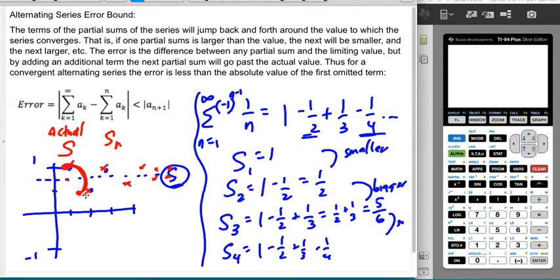So whatever amount I get here, I'm jumping across the line. This amount, this a sub n plus 1, has to be bigger than the error, which would be the distance from here to here. See how this red amount has to be bigger than the green amount, because the green amount is my error?